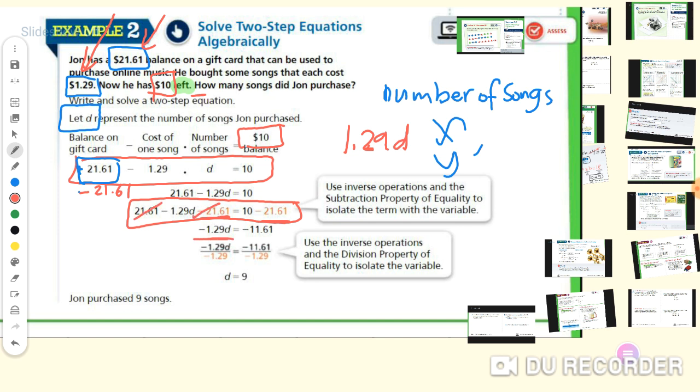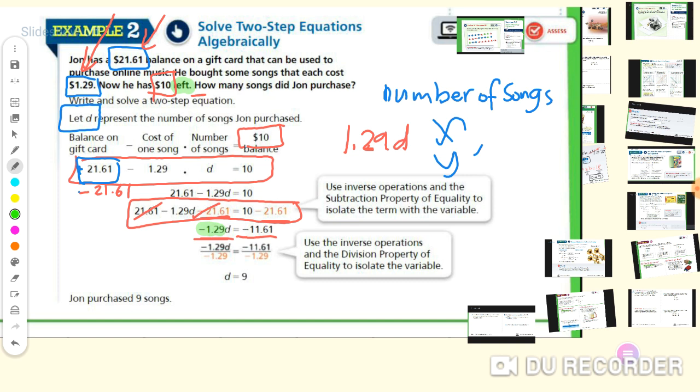So I have the remaining number, negative 1.29D. On the other side, if we subtract, the sign of the bigger number is negative, so we'll put negative. 21.61 minus 10 will give you negative 11.61.